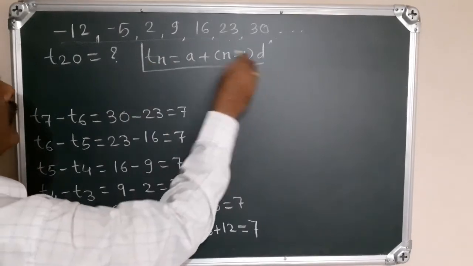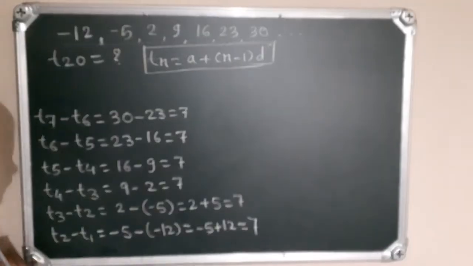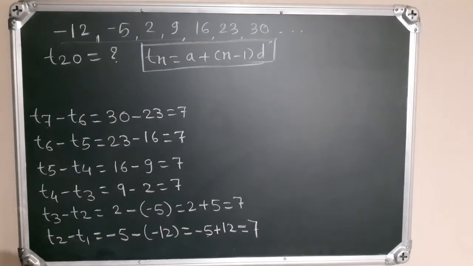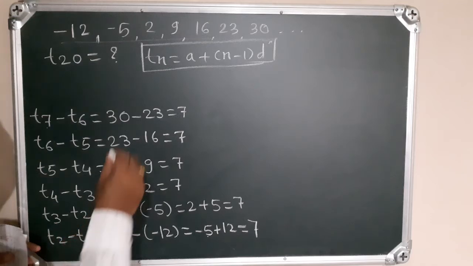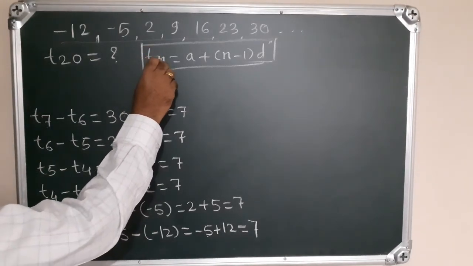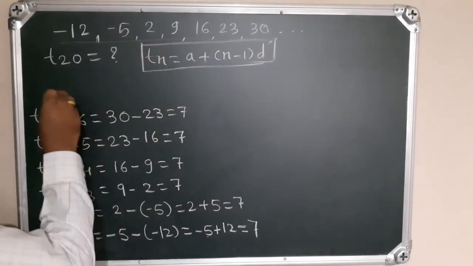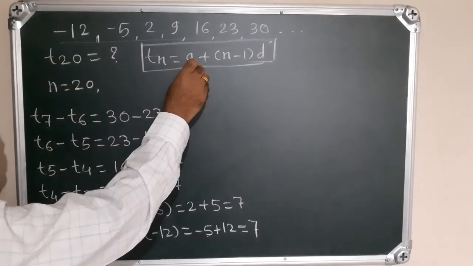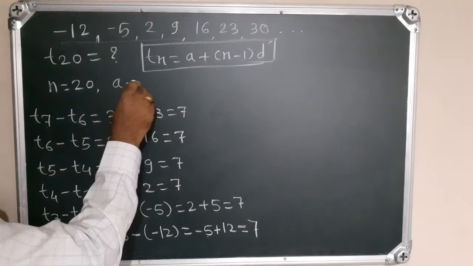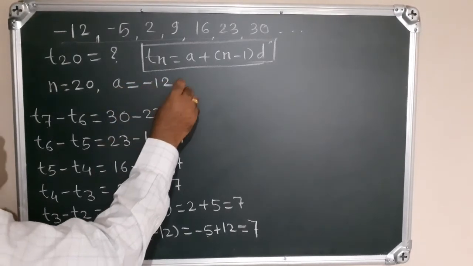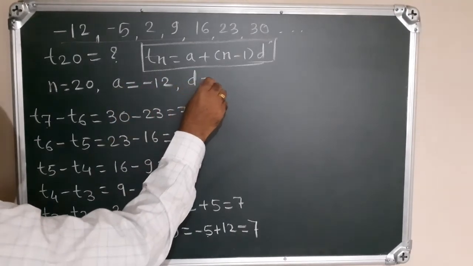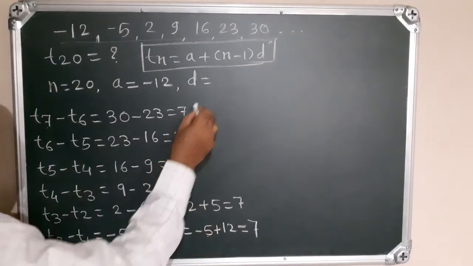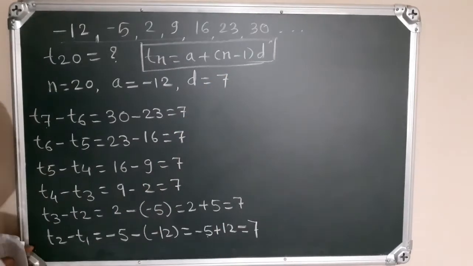If we know the values of a, n and d, we can calculate T20. So n is equal to 20, a means first term, so the first term is minus 12, and d, the common difference we have calculated, is 7.